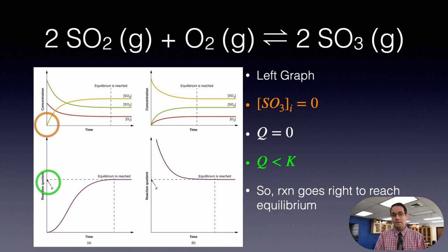And if you look at the top left graph, you can see that the sulfur trioxide starts at 0 and it slowly increases in concentration over time. The only way to make SO3 is if the reaction proceeds from left to right. If the reaction proceeds from left to right, then it's going to produce more sulfur trioxide, and the Q value is eventually going to reach the K value, and then it's at equilibrium, okay?